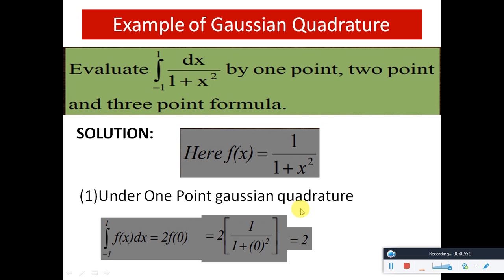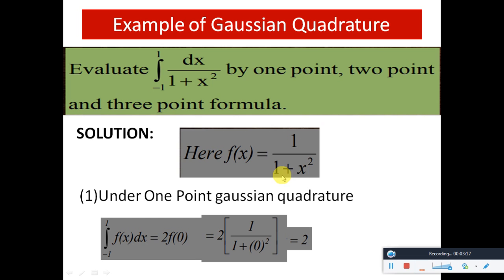In 1-point Gaussian quadrature, as we already said, this is equal to c1 into f of x1, where the weight c1 is 2 and the discrete point or Gaussian point x1 is 0. So 2 into f of 0. That means in f of x, wherever we have x, we substitute x equal to 0.